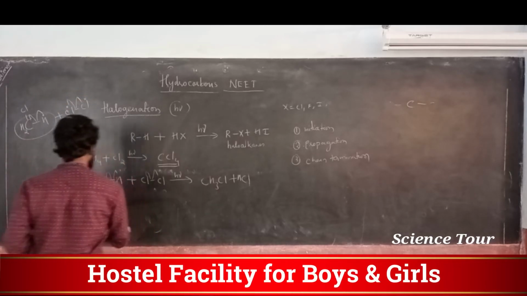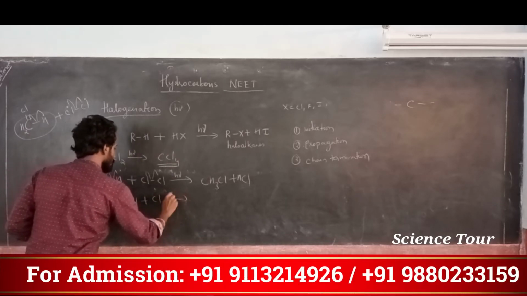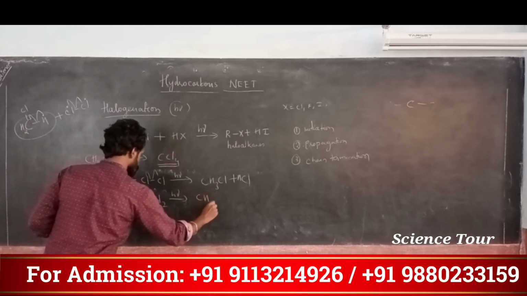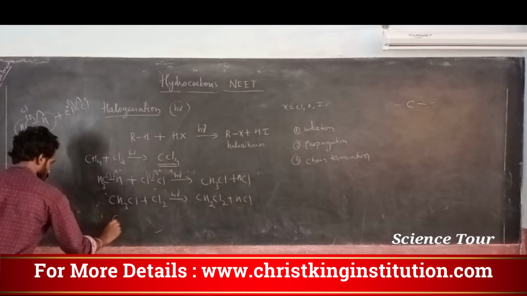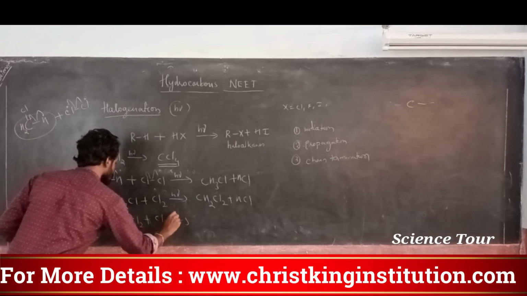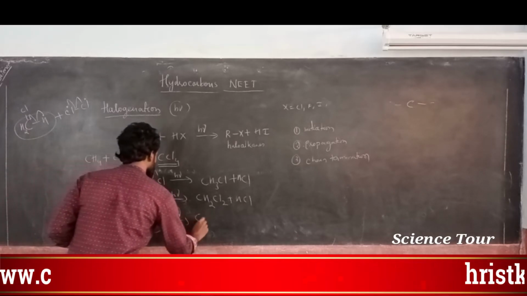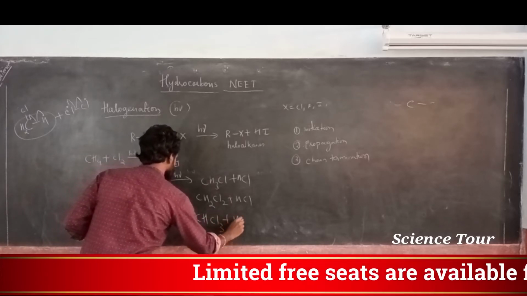So again you are getting my result, CH3Cl, chlorine, it gives CH2Cl2 HCl. Again CH2Cl2 undergoes reaction with the chlorine, and again free radical mechanism you are getting, my dear students, CHCl3 HCl.